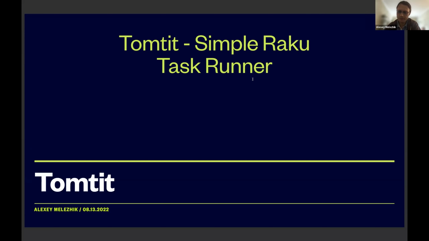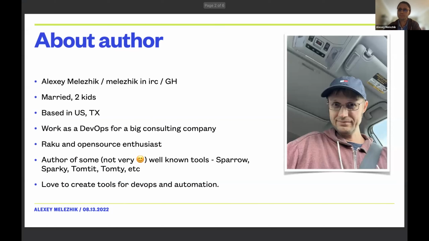Let me introduce myself a little bit. So yeah, my name is Alexey Melezhik. You can find me as Melezhik in the Raku channel on GitHub. I'm married, have 2 kids. I'm based in the US, Texas.